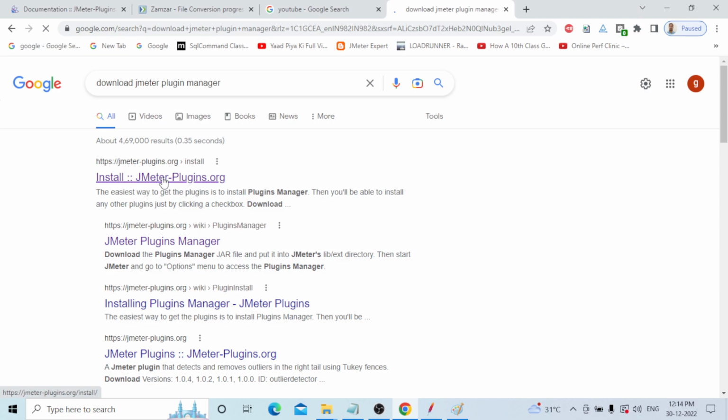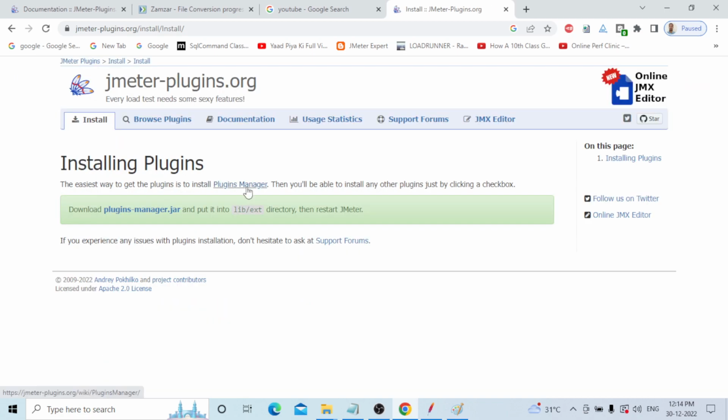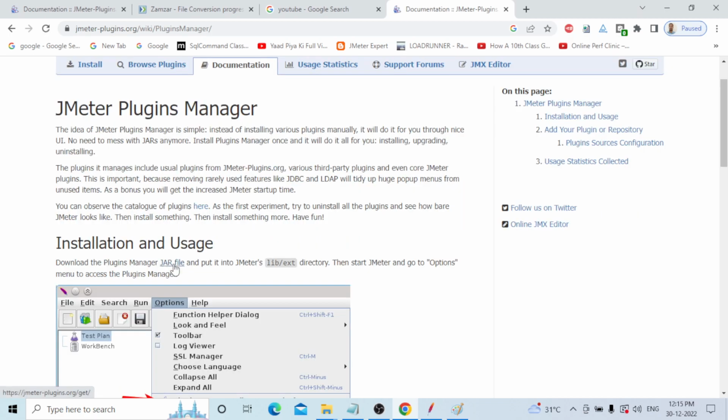You can select the first link. Just click on plugin manager. You can see there is a jar file, just download it, that is enough. I have already downloaded it. Once you download the file, you can go to the JMeter lib/ext folder.